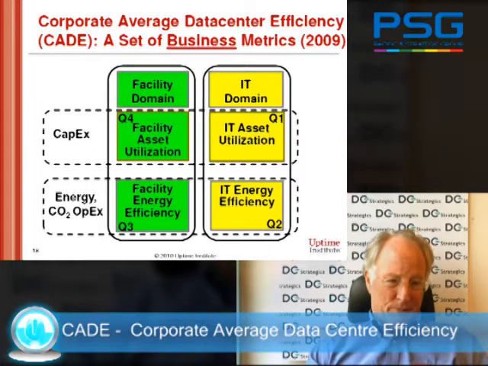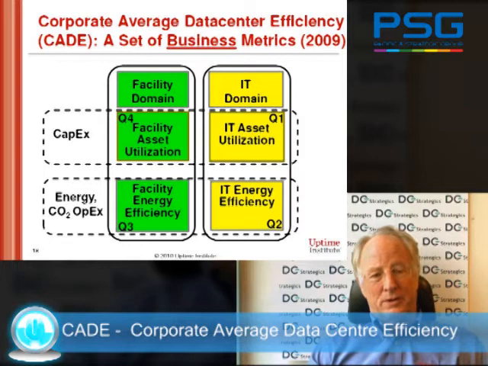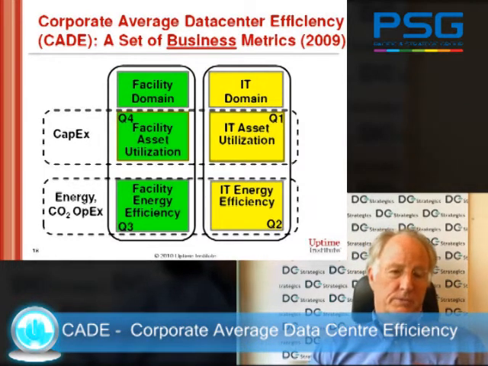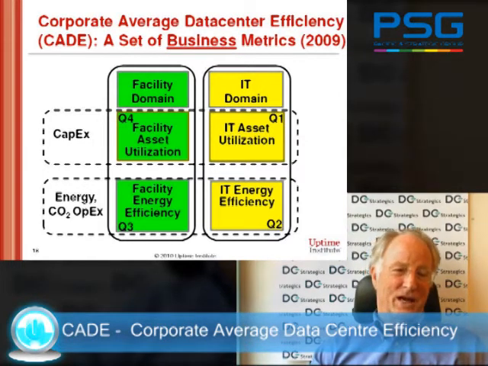And what do I mean by CapEx? CapEx for IT is the buying of IT hardware, typically. That would be servers, storage, routers, the purchase of the actual equipment that does computing.